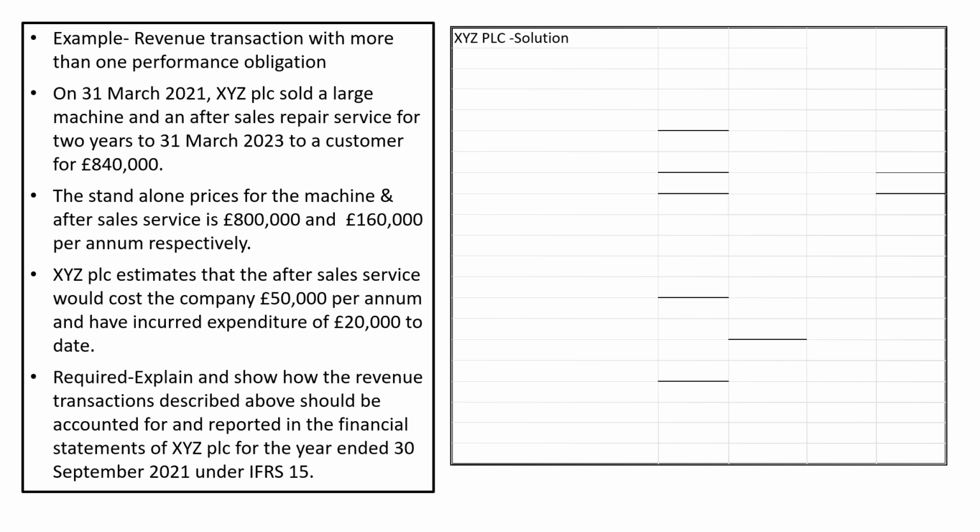The question requires us to show how the revenue transaction should be accounted for and reported in the financial statements of XYZ plc for the year ended 30th of September 2021. We have to start with the workings first to show how the transaction prices are allocated to the two performance obligations.